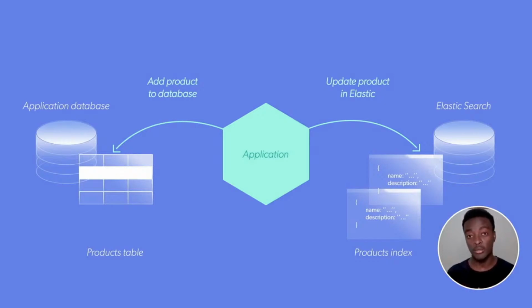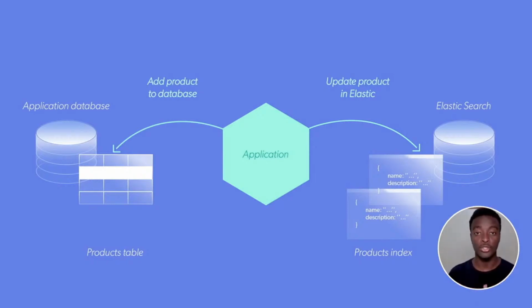When working with databases, we can normally depend on transactions to take care of this. But transactions only work in the scope of a single database. So in this scenario, what could happen is that a new product is added to the application database, but before it's added to Elasticsearch, the application fails. This means that the new product isn't searchable, although it's available.